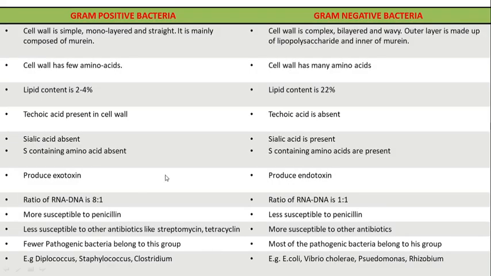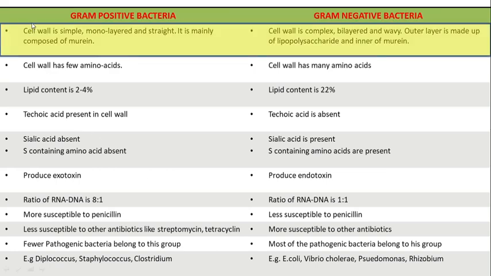Now there are a number of differences between gram positive and gram negative bacteria. The first one is the cell wall. The cell wall is simple, monolayered and straight in gram positive. It contains a lot of murein. Whereas in gram negative, it is complex, bilayered and wavy.